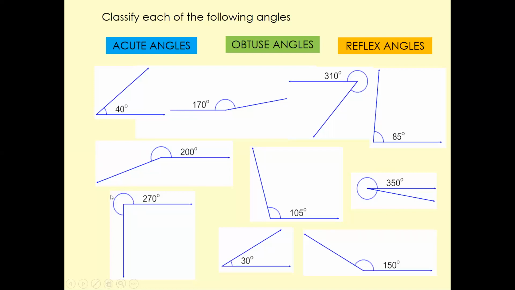And the same is the case here. This angle is greater than 180 degrees, so that's going to be a reflex angle. This angle here is less than 90 degrees, so that's going to be an acute angle. And the last one here is greater than 90 degrees, less than 180 degrees, so that's going to be an obtuse angle.